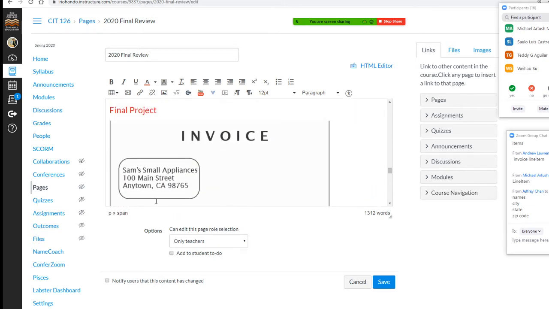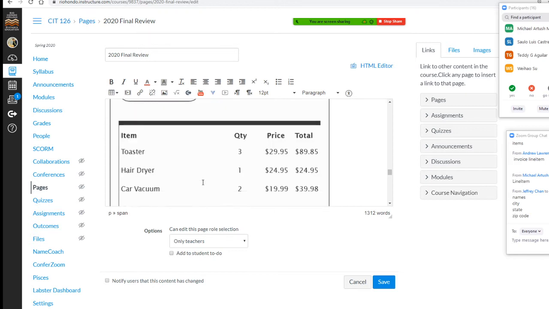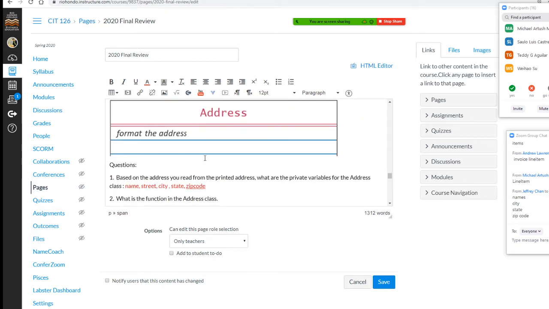You have to format this way: name first, next line, and street address, next line, city, then comma, then state, then space. You are trained to see what you do.